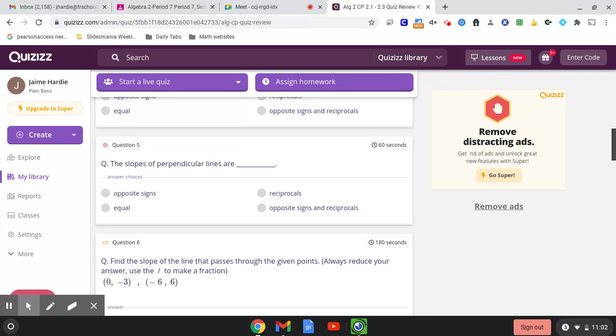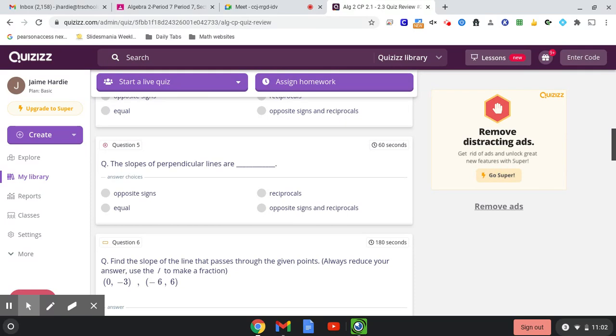If it became 4 over 1, I would put 4. I did not get a whole number, so be careful. Slope always starts by subtracting. Sometimes it turns to addition when you subtract a negative number, but it always starts as subtraction. That's how you find the change.